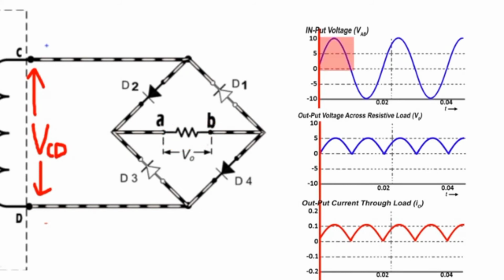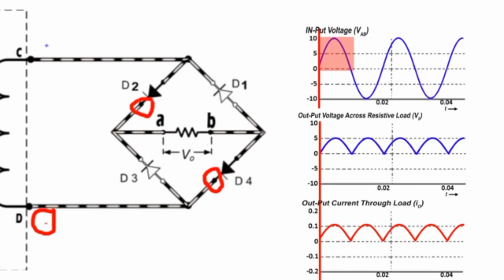During the positive half cycle, the terminal C becomes positive and the terminal D is negative. Under this condition, the diodes D2 and D4 are forward biased, which we can see here. The anodes of both diodes are at higher potential with respect to the cathodes, whereas diodes D1 and D3 are reverse biased. As a result, the diodes D2 and D4 behave like closed switches.